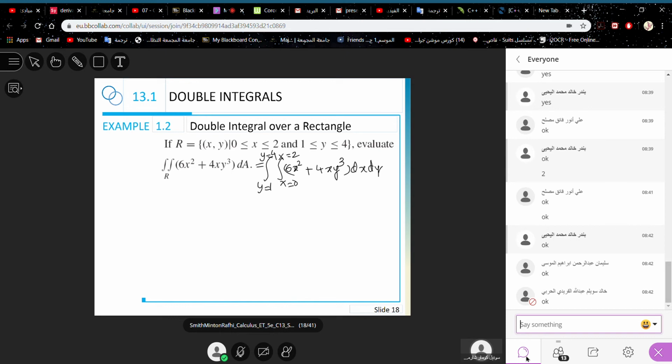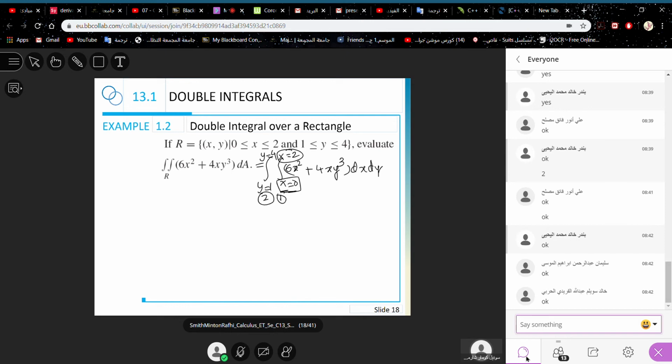So you will say this is a limit for x. We integrate as per these integral signs. We start from here. This is 1, this is 2.